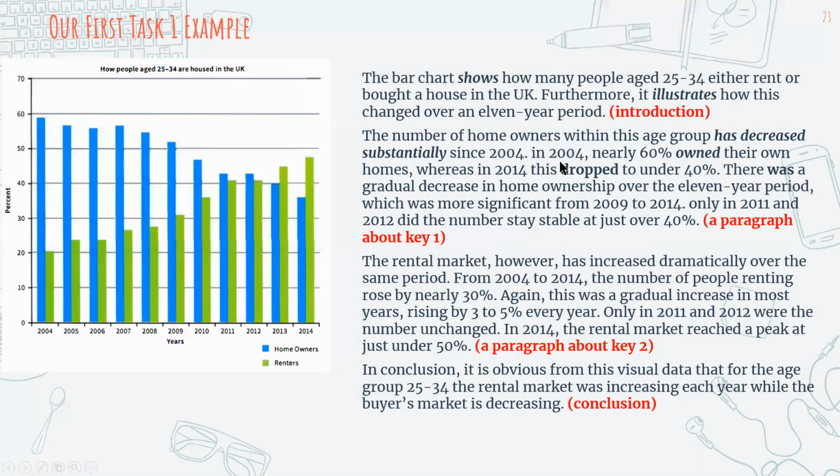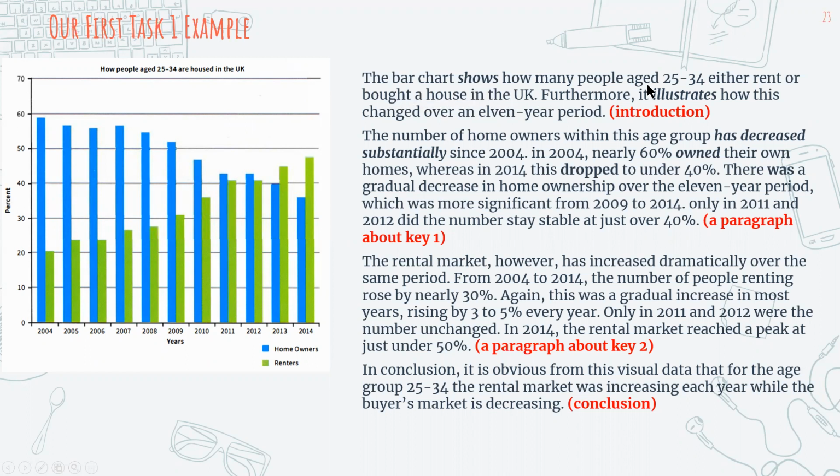This is our report. Of course, in your homework, you are going to write something similar. So you have to study this one very carefully and closely. The bar chart shows how people aged 25 to 34 either rent or bought a house in the UK.